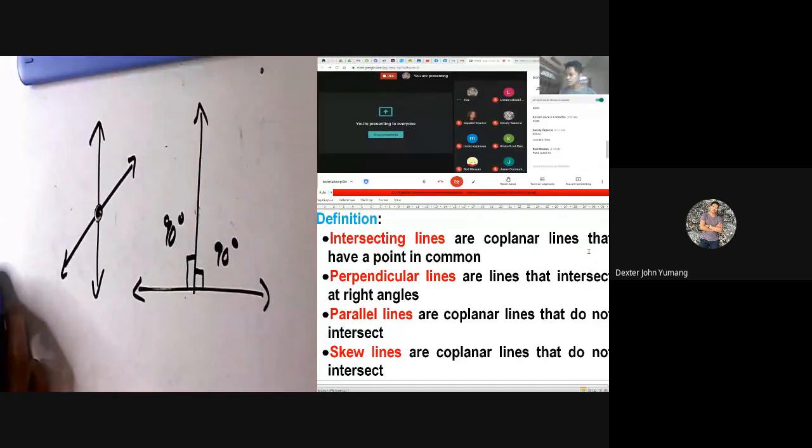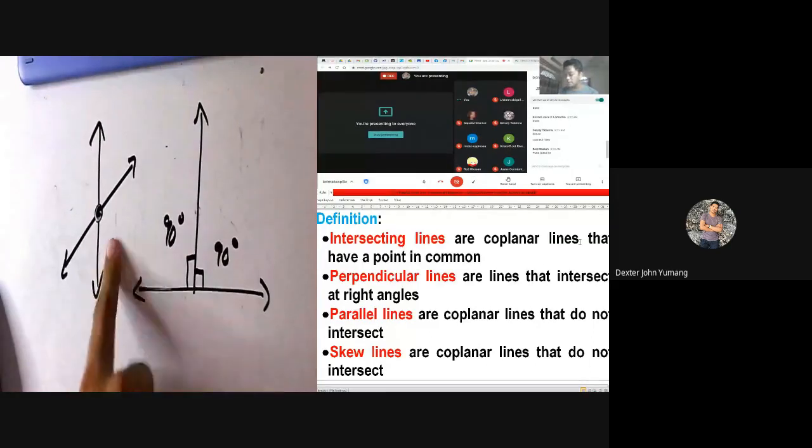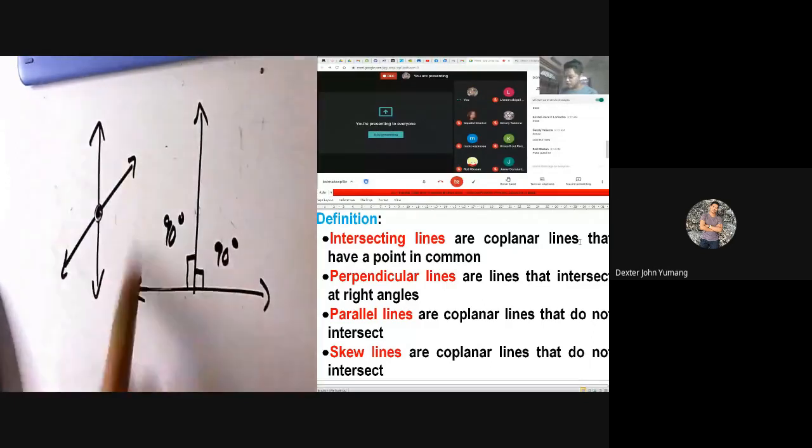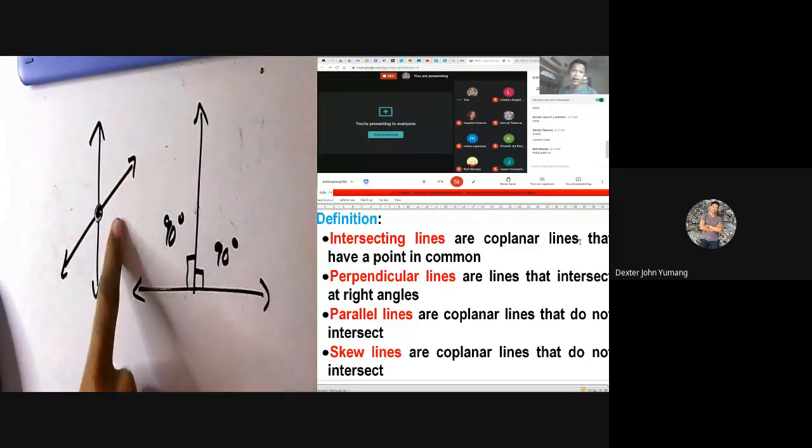So, when you say intersecting lines, these are coplanar lines that have a point in common. Intersecting lines po ang tawag kung ang dalawang linya nag-cross sa isa't isa. Like this. If you are going to look at on the figure, intersecting po ito. Pero hindi po lahat ng intersecting lines ang tawag intersecting lines.